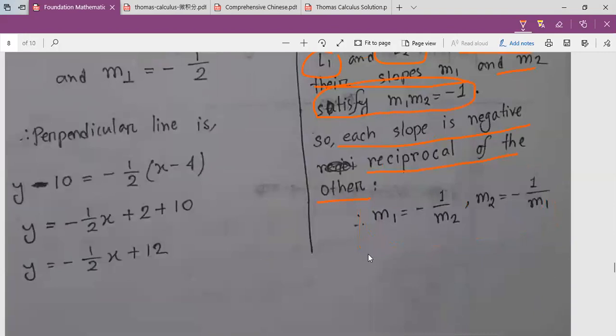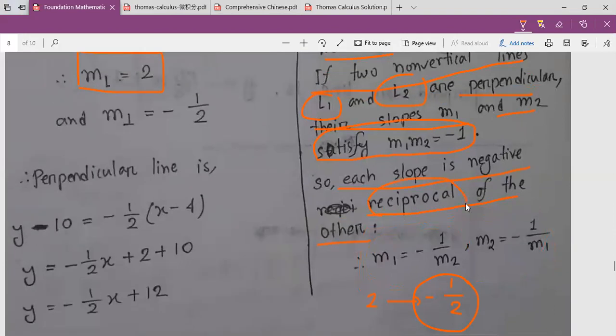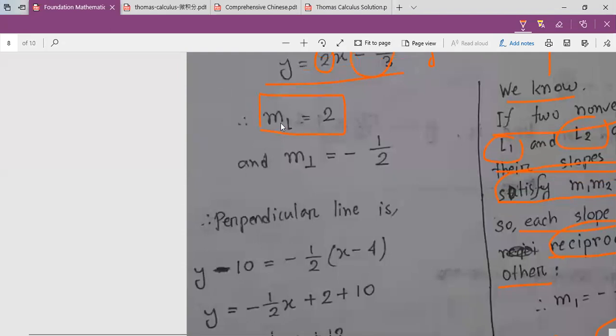If it is 2, its reciprocal is 1/2, and the negative reciprocal will be minus 1/2. So here m1 is equal to 2, and the reciprocal value of m will be minus half.